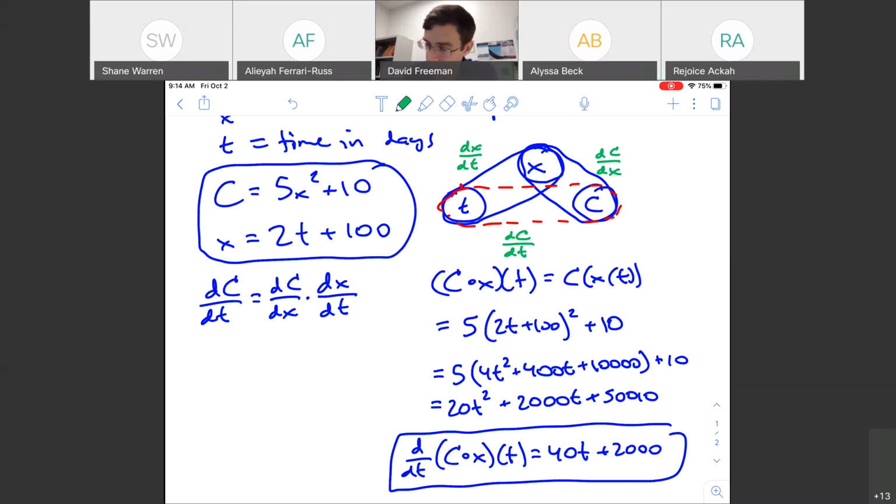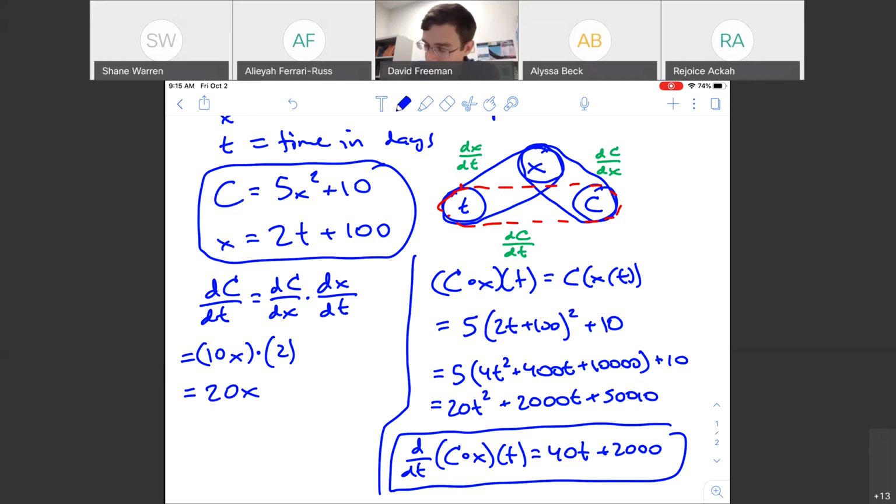And so what we can do is just calculate. We don't have to actually find a formula for the composition, because dC/dx is 10x, by the power rule, times 2, because again, by the power rule, x is just a linear function, so the derivative is 2.